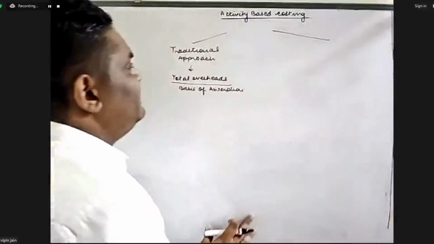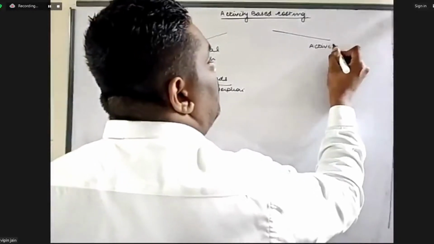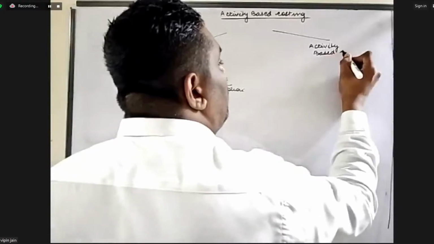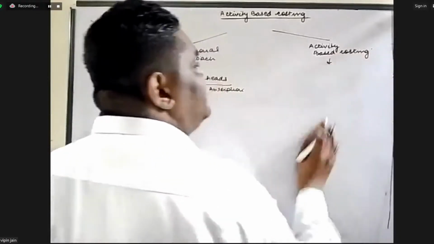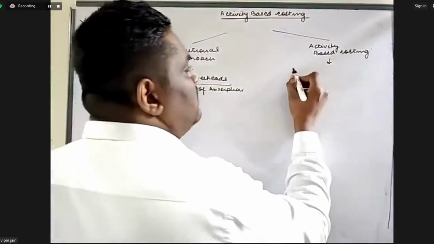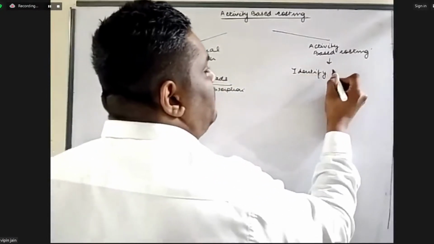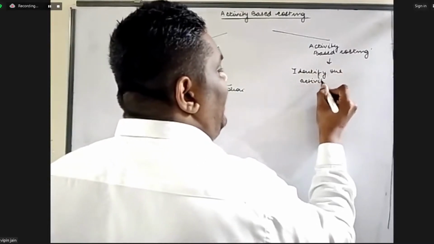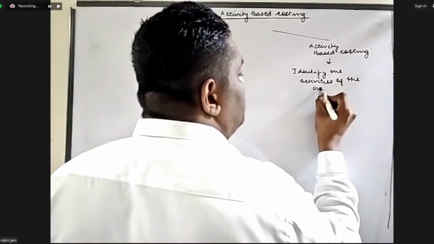But when talking about activity based costing, what it says is that first identify the activities of the organization.